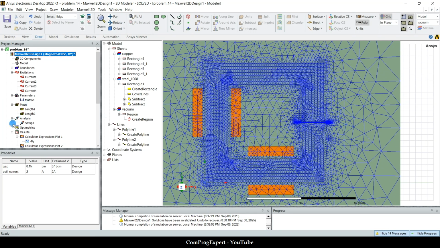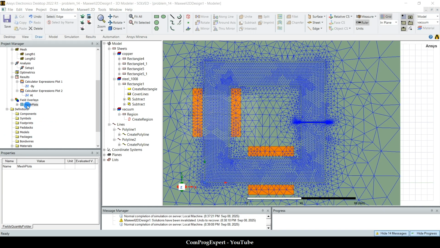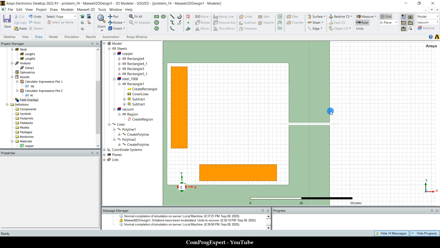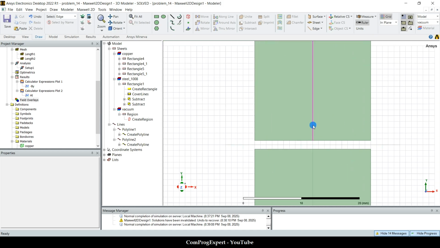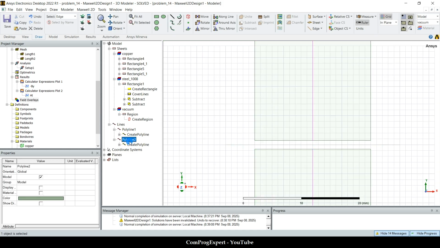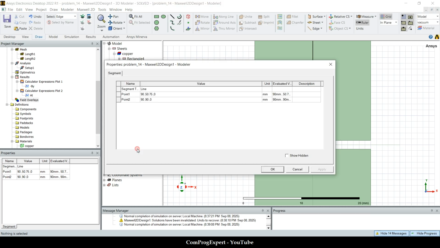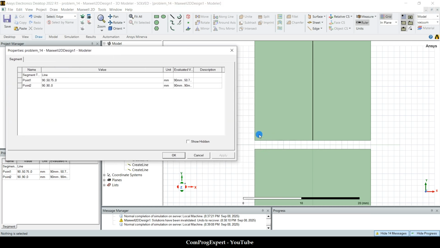This is just because of interpolations. Here, let's select this polyline 2, modify the first point of this segment. Instead of 50, let's write 52.